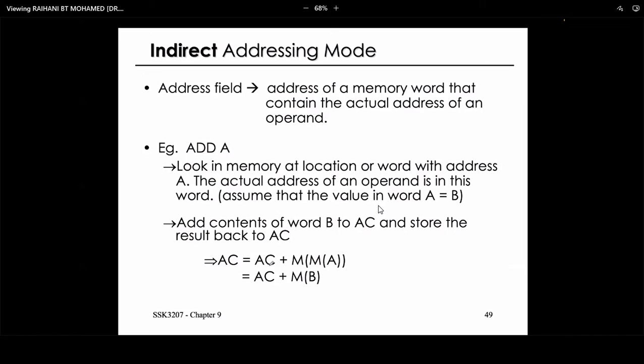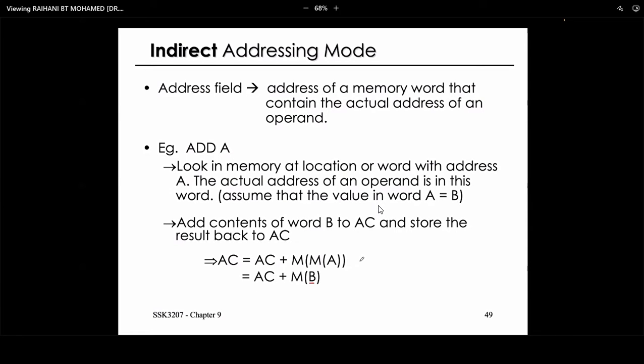So AC here is obtained from AC plus the memory, and inside the memory there is A, whereby this one is actually memory of B. So the AC here is plus the memory of B, the memory of value B. It will add the contents of word B to AC and store the result back to AC.